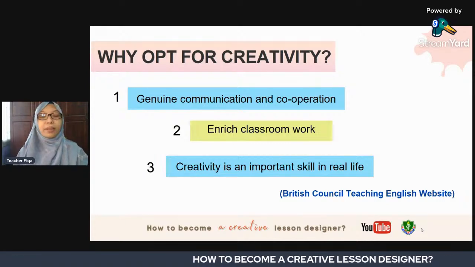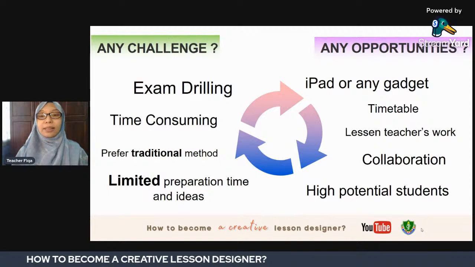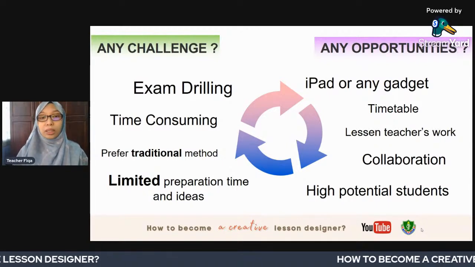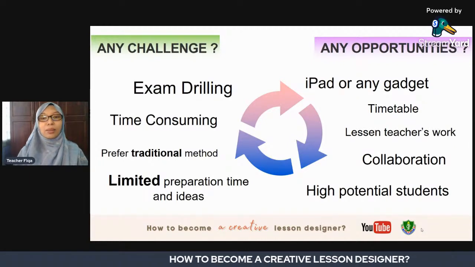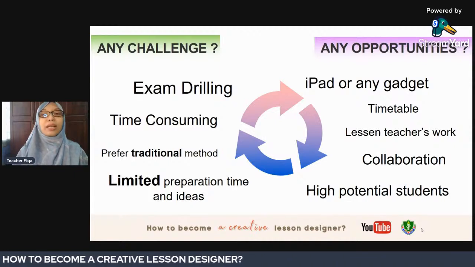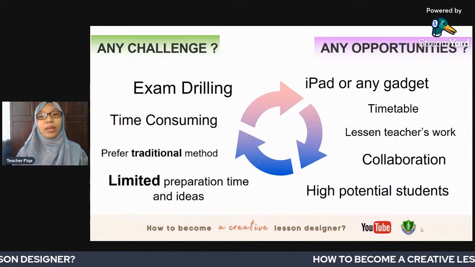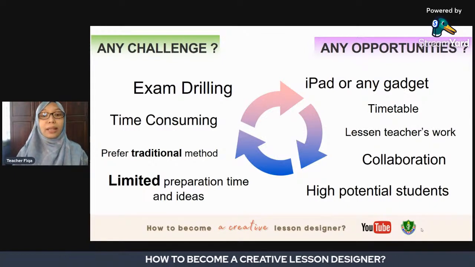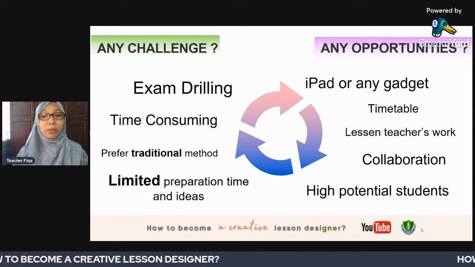Okay, before we design a creative lesson, some of you may wonder, right, what are the challenges and what are the opportunities that we have in trying to become creative lesson designers? So these are some of them. Some of the challenges that we may face perhaps, okay, number 1, we are stuck in between preparing the students for exam, which means we have to conduct exam drill based lesson, and at the same time we also have to be creative.